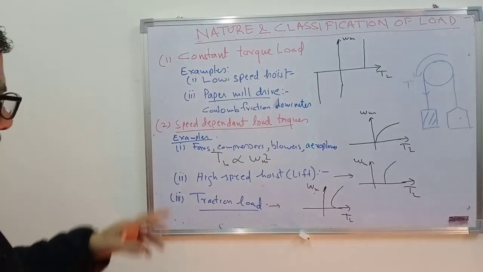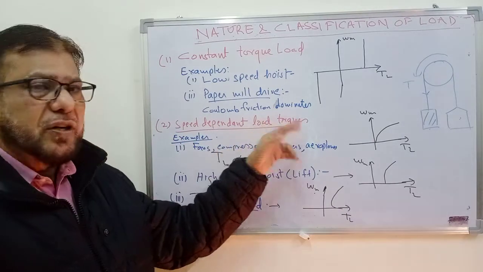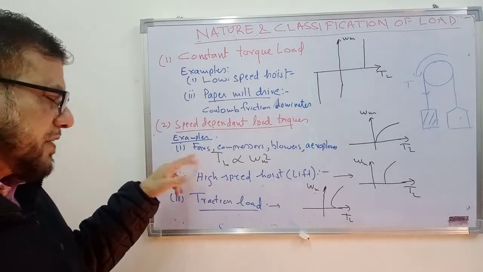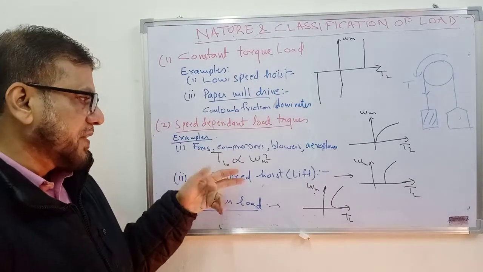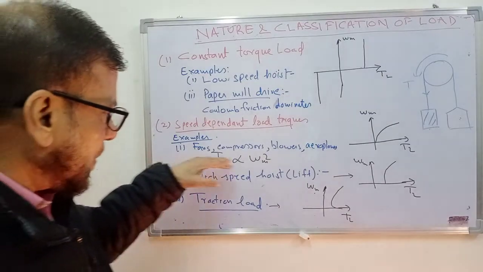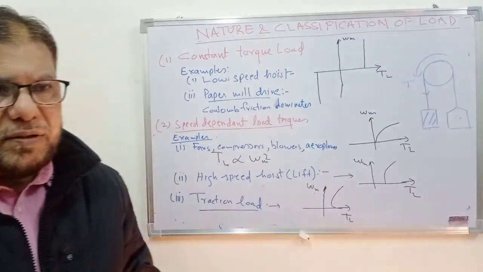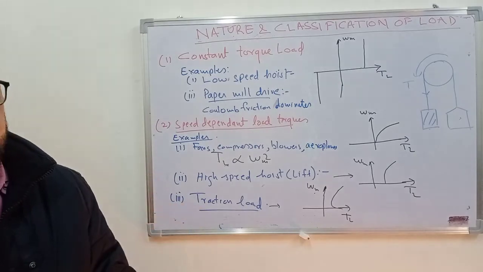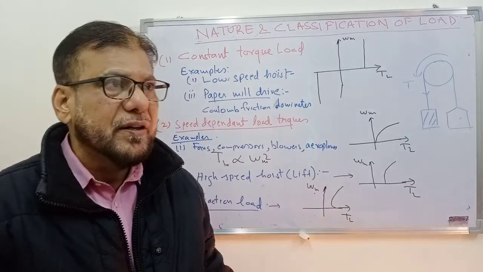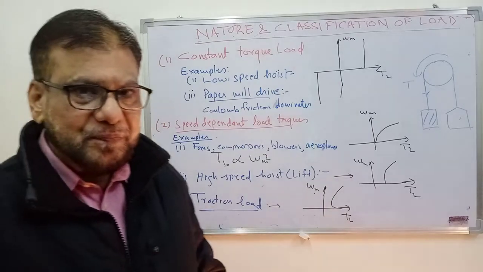Now let us see what the different speed dependent load torques are. One example is fans, compressors, blowers, aeroplanes. In these loads, the actual load is the wind. For example, a ceiling fan or a cooler fan has to push air.